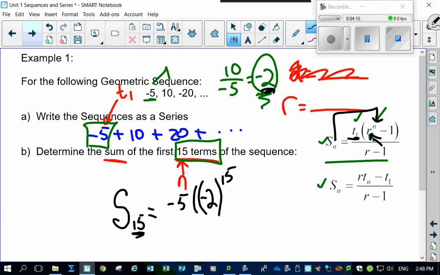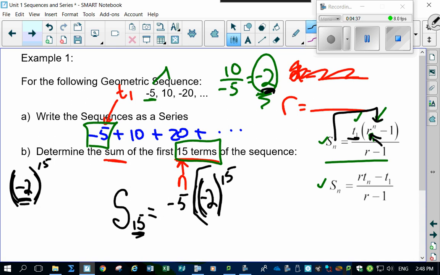Now, wait a second. You're probably saying, well, why are you putting a bracket like this around the minus 2? Don't forget in your calculator, if you don't put a bracket around this and raise it to whatever power it is, it's always going to end up being a negative. If you want to include the negative, which is exactly what we want to do, make sure you put a bracket around that.